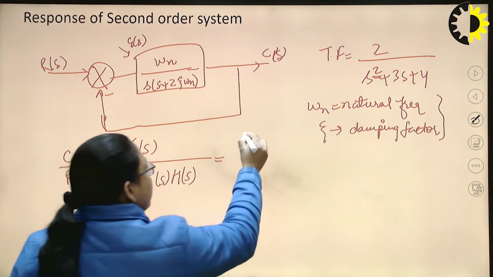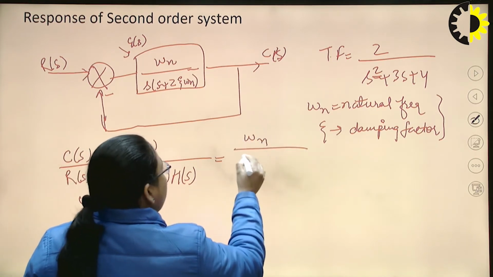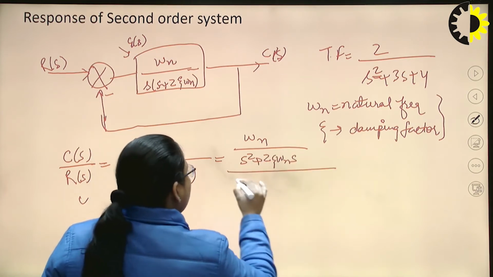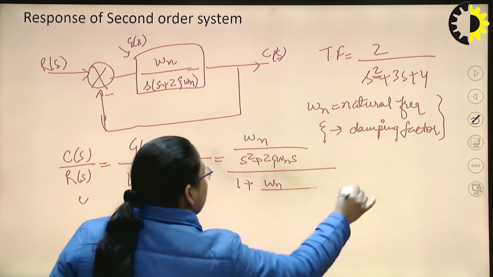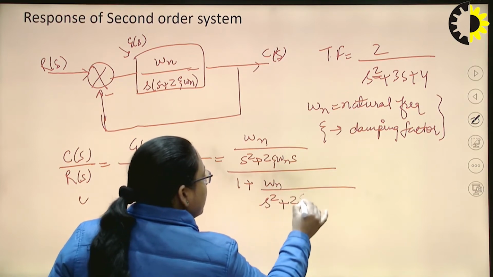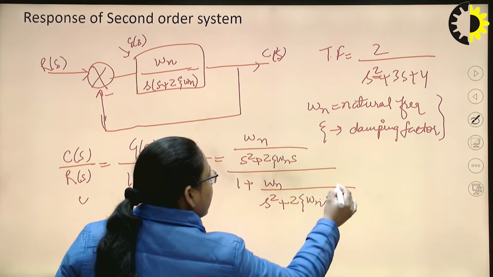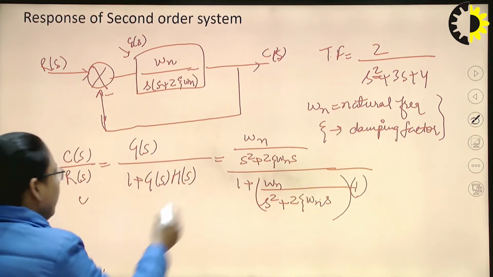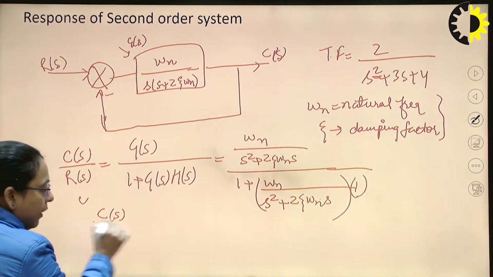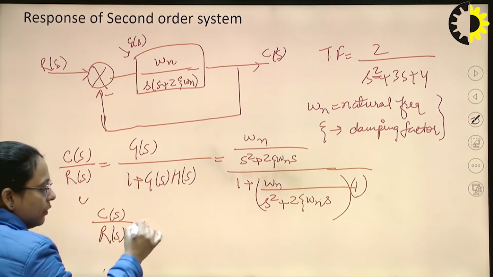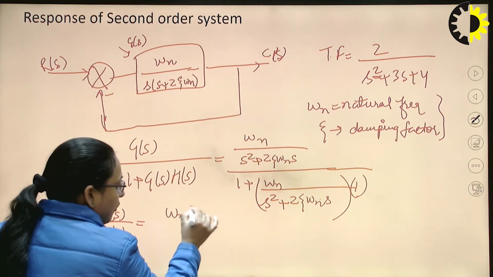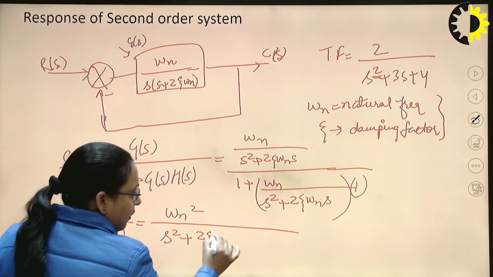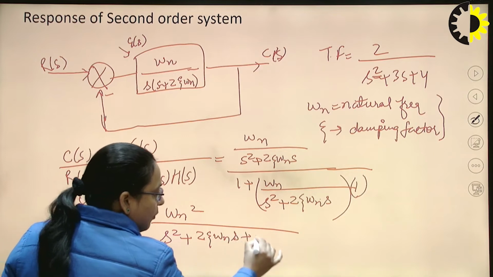The value of Gs here is omega n upon s square plus 2 zeta omega n s, and similarly 1 plus omega n upon s square plus 2 zeta omega n into s, right, into 1. After solving this, we will get the value of Cs upon Rs, that is the transfer function of a second order system, will be omega n square upon s square plus 2 zeta omega n s plus omega n square.